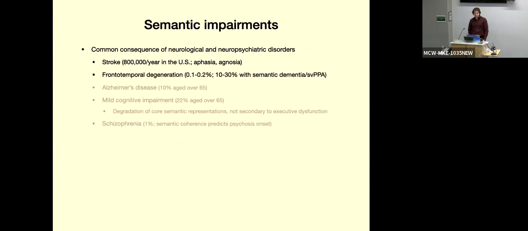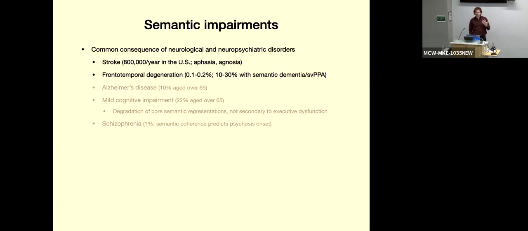It affects patients with frontotemporal degeneration, which is a relatively less common disorder. But what's interesting about it is that between 10 and 30% of these patients who have the temporal variant of frontotemporal dementia develop a specifically semantic impairment, meaning their episodic memory is preserved, their phonological system is intact, they don't seem to have anything wrong with them except that they start losing their concepts.